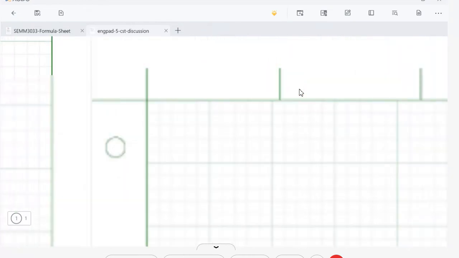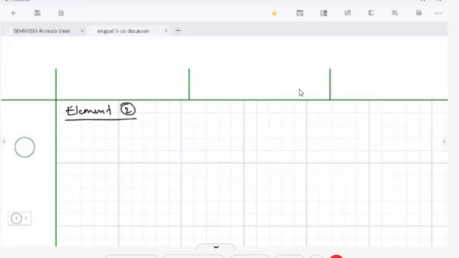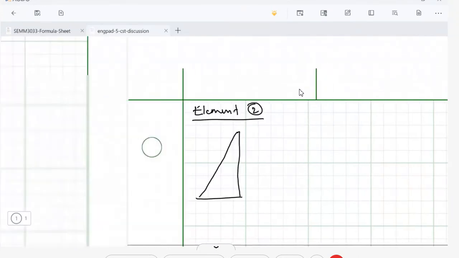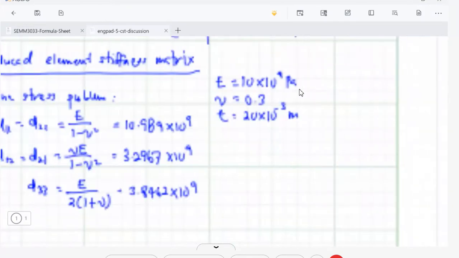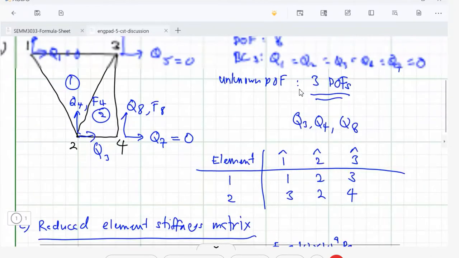So let's take a look at element number 2. We redo everything for element number 2, based on our nodal connectivity table. For element number 2, local node number 1 is the same as global node number 3.